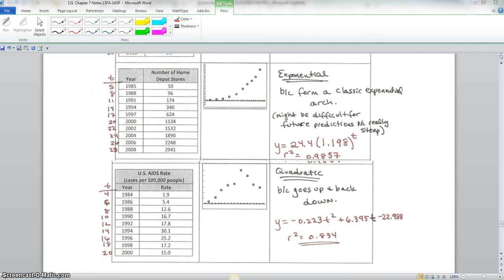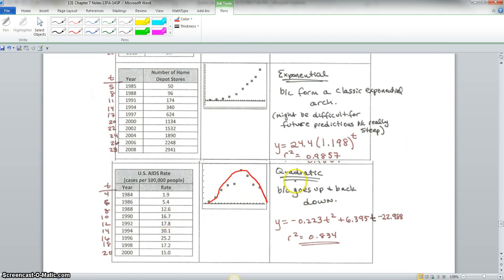Now, for the final graph, when you put this in the calculator, again we're going to assume that we start from 1980, and this is the U.S. AIDS rate. And if you notice here, our L1 would be these values, our L2 would be these values. Then we put this in here, it almost mirrors a parabola, because I could even draw a little line here, and it'll almost hit most of these points, doing it as a parabola.